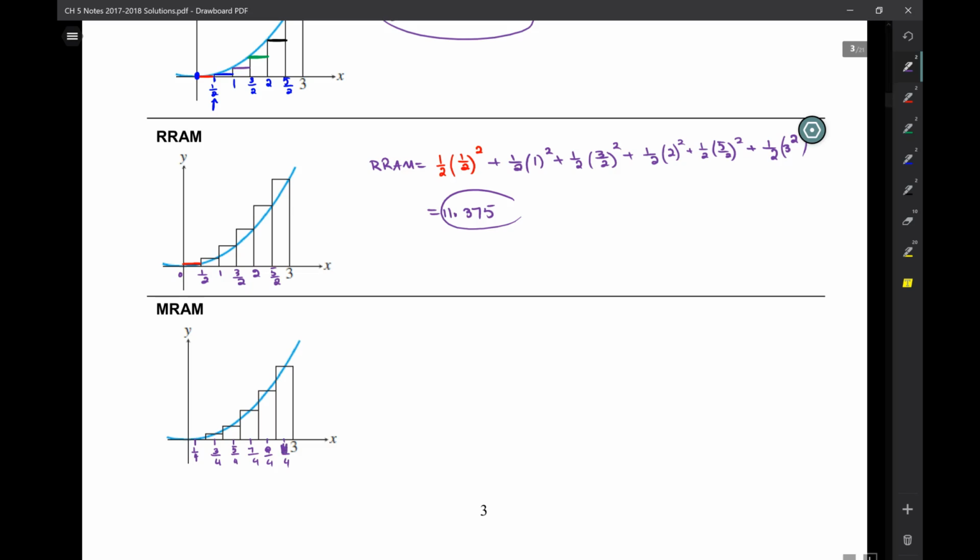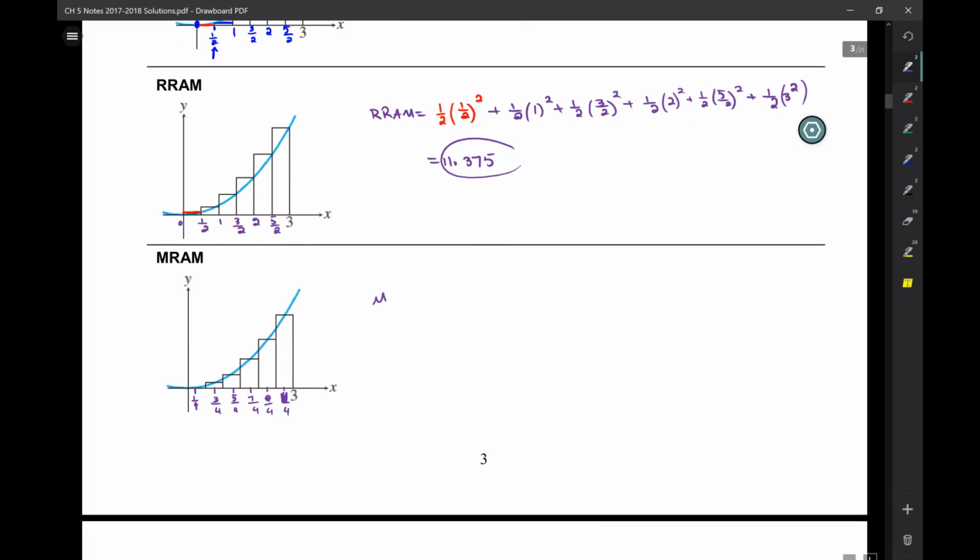11/4. Okay, so MRAM is the base, 1/2, times what squared? Plus 1/2, 3/4 squared. Why aren't you using 1/4 as your first?